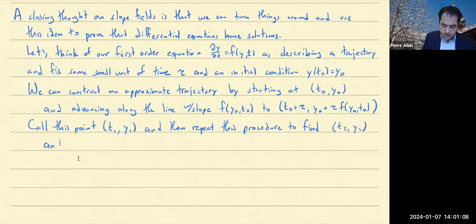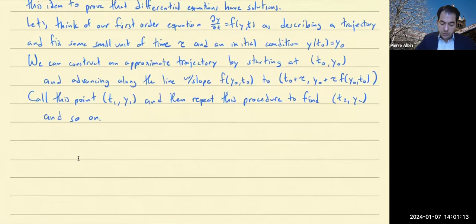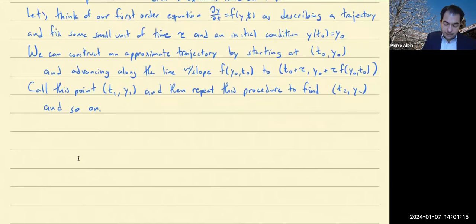And so on. Right? In this way, we have an approximate solution to our initial value problem.